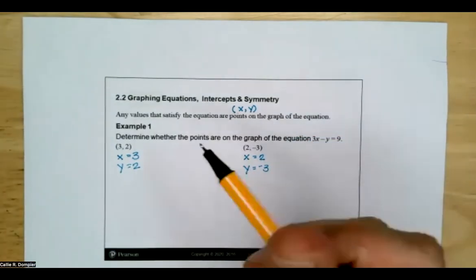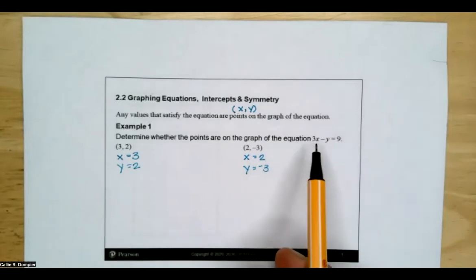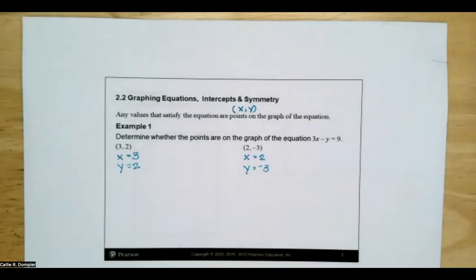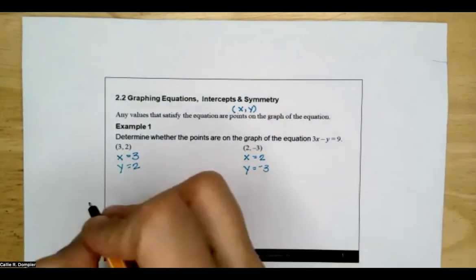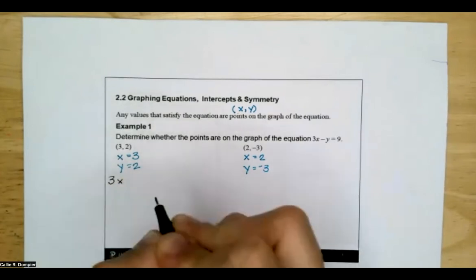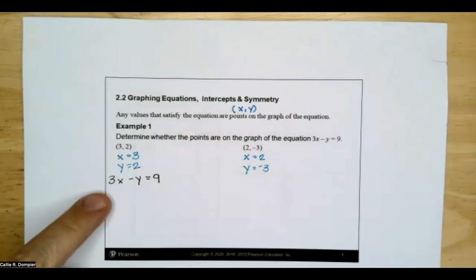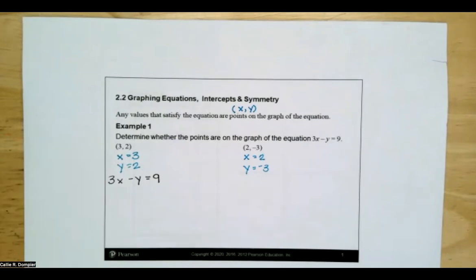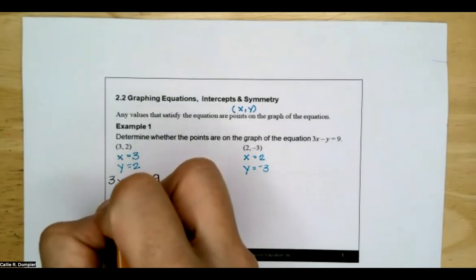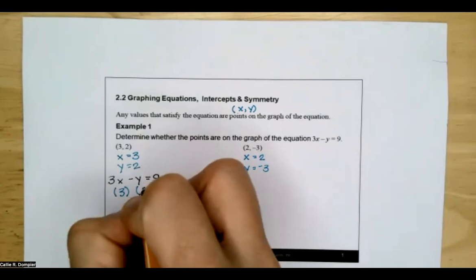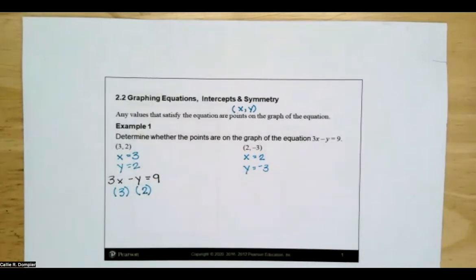Good. So if you want to determine whether the points are on the graph, you can graph the equation and then put in those points, or you can do it mathematically and say 3x minus y equals 9 when x is 3 and when y is 2, will this still be true?